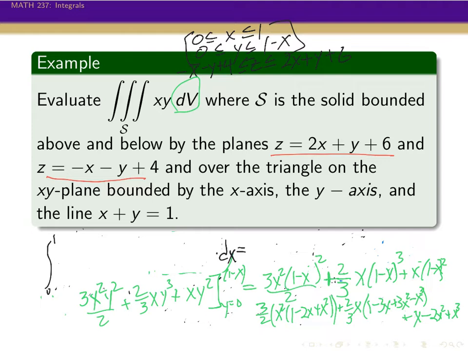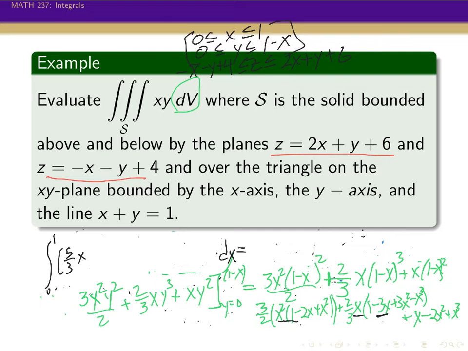So I get 2/3 x plus another x, so that would be 5/3 x. Okay, for my x squareds, I have a 3/2 x squared minus 2x squared coming here, minus another 2x squared.